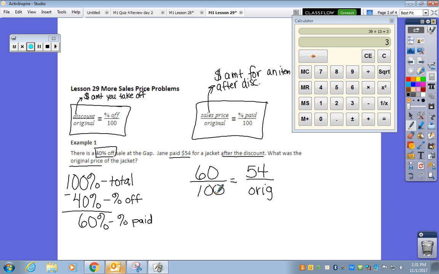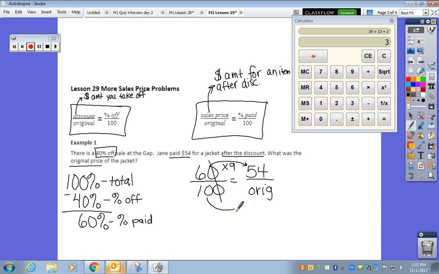Now looking at this problem, I see they both end in 0. I can also see 54 wouldn't equally go into 60. So if I take a 0 for 0, or in other words, divide both numbers by 10, I do know that 6 goes into 54 equally. To get from 6 to 54, I'm going from a smaller number to a larger number, which means I'd be multiplying by 9.